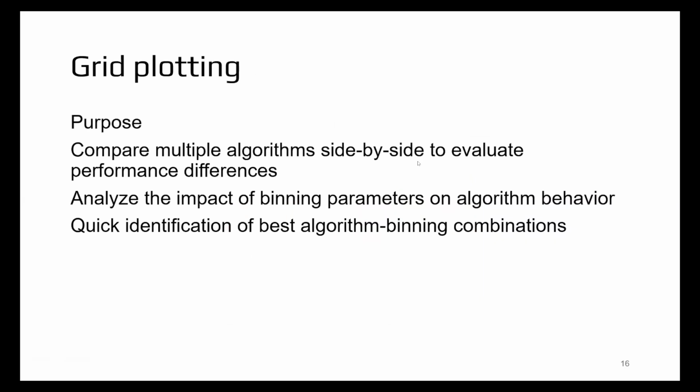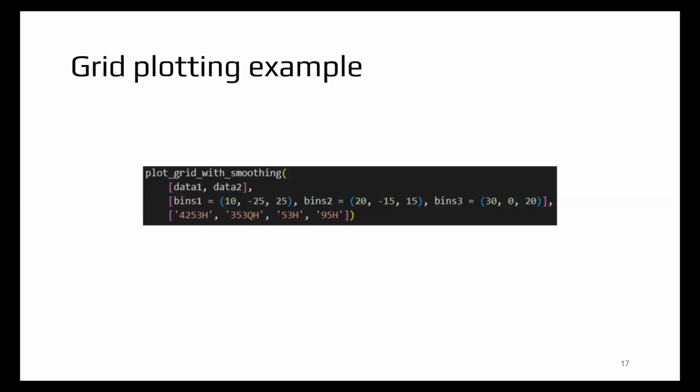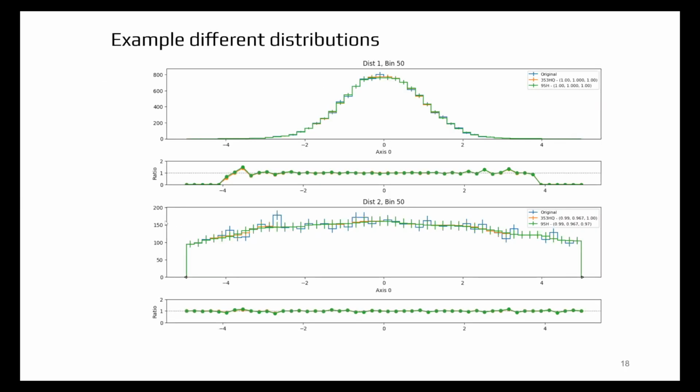So to compare different algorithms and different data binnings, we create grid plotting to quickly identify the best algorithm and binning combinations. Here is a function example. We specify the data that we want to plot, different kinds of bins, and different algorithms. Here is an example of different data distributions.